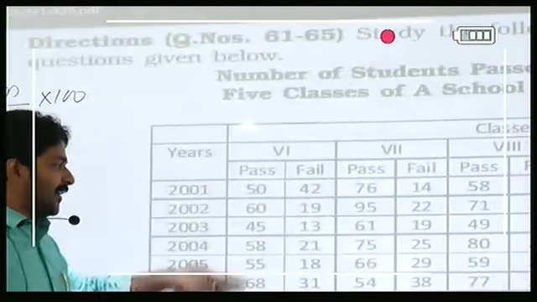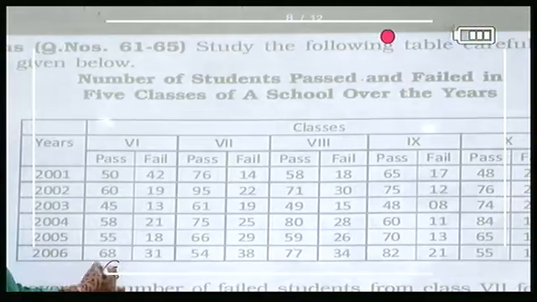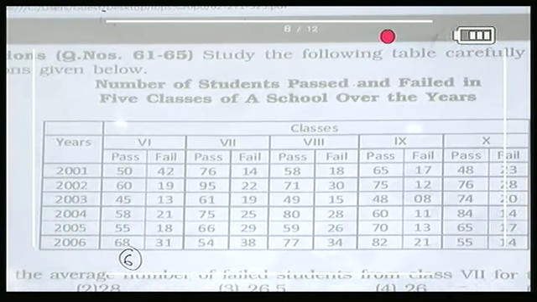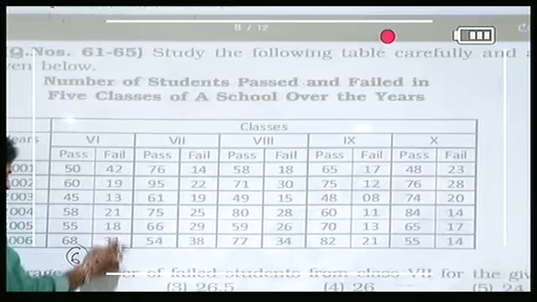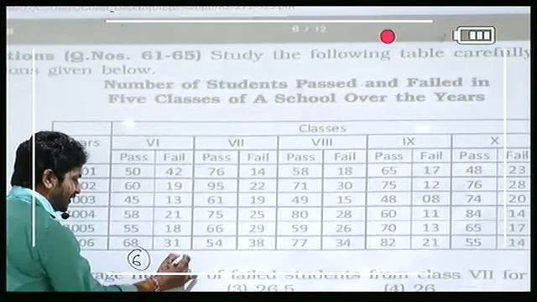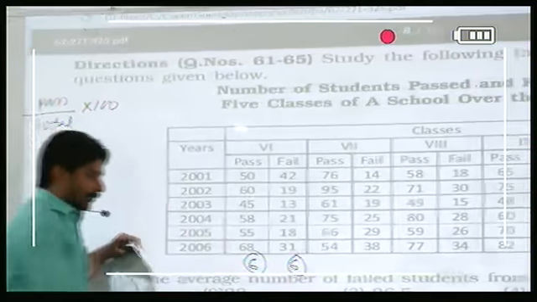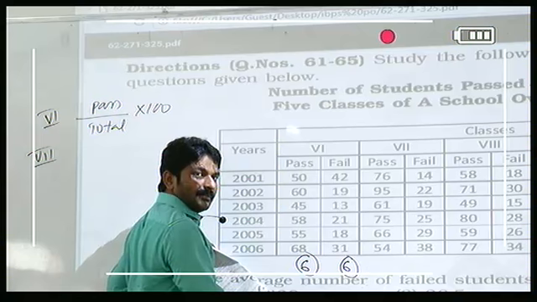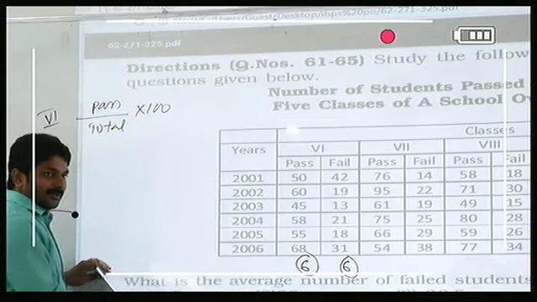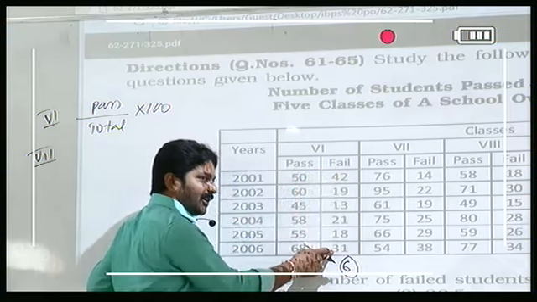How many numbers you need to add here? 6 numbers you need to add. You got numerator. Yes or no? And how many numbers do you need to add? Again 6. Do you got denominator? No. You need to add both. So one more addition. So 6 additions here, 6 additions here.